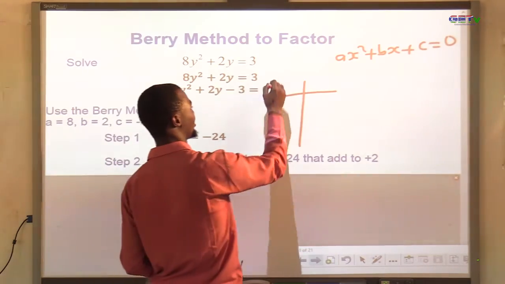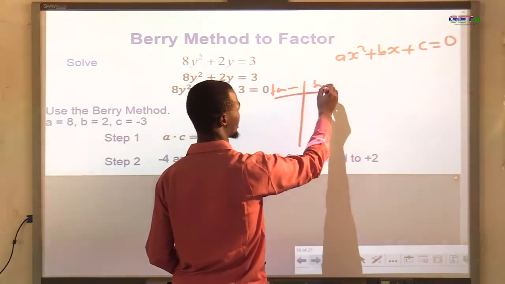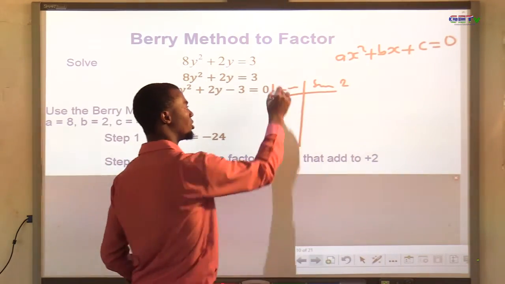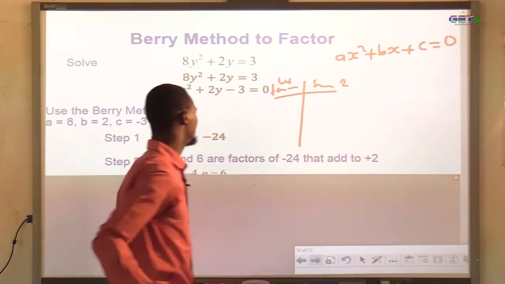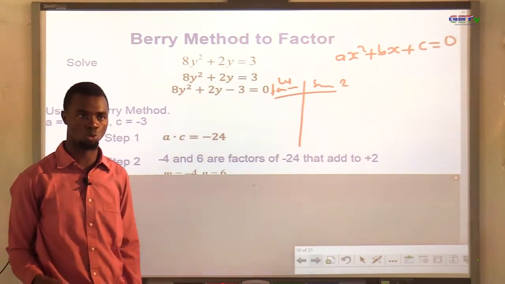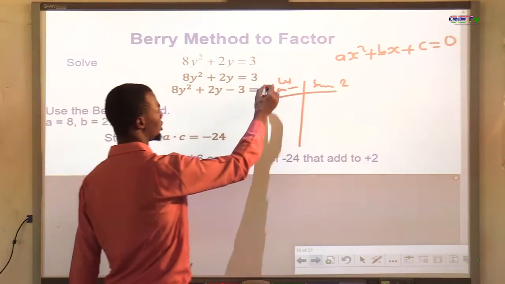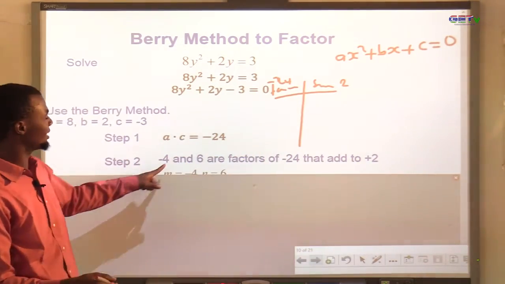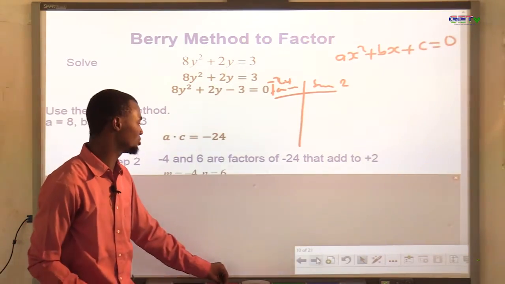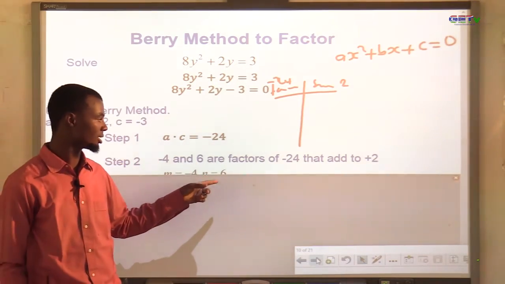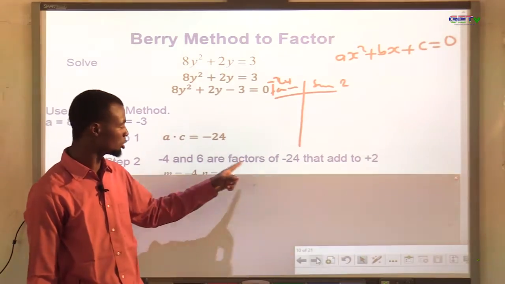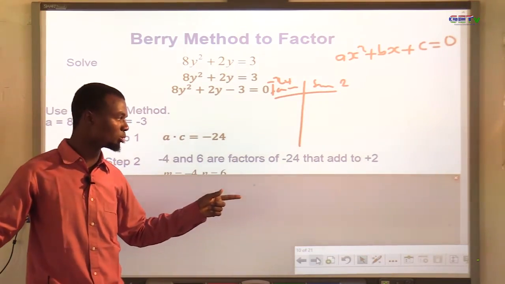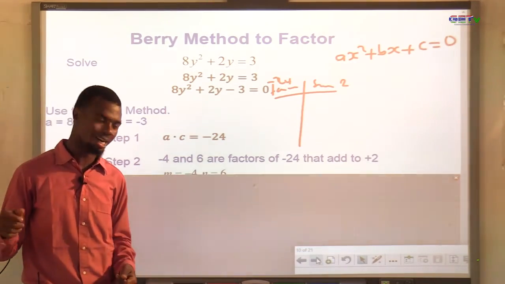You first find factors of 24, because AC is negative 24 and the sum, that is B, is positive 2. The factors of negative 24 that will give you a sum of 2 are negative 4 and 6.